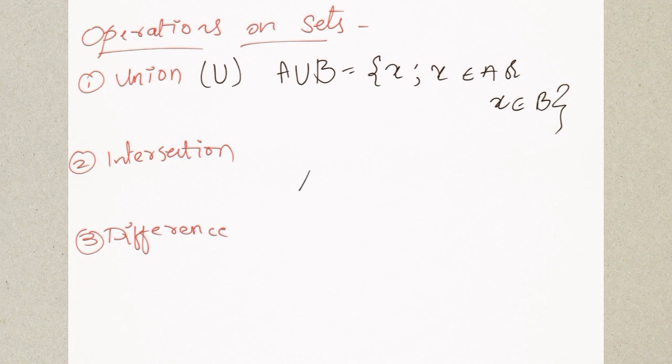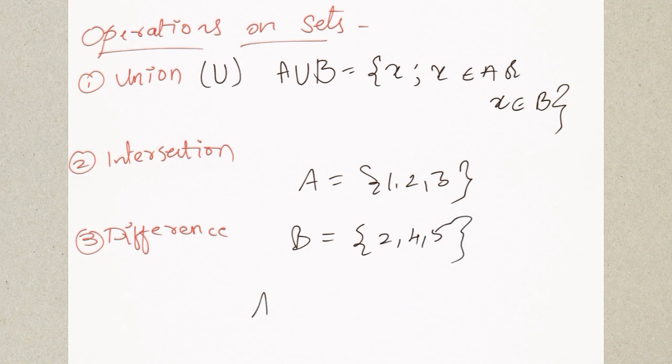A is the set {1, 2, 3}, B is the set {2, 4, 5}. Then A union B is {1, 2, 3, 4, 5}. Union is simply writing both sets' elements together. Here we have written 1, 2, 3, and from 2, 4, 5, the 2 should not be repeated in a set, right? So we have written 4, 5, that's it.